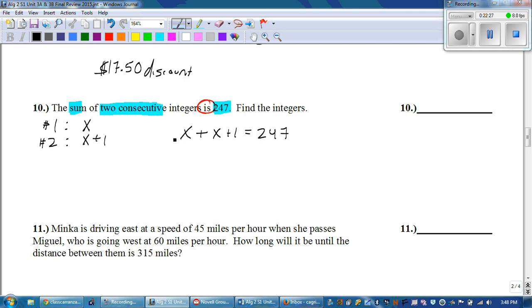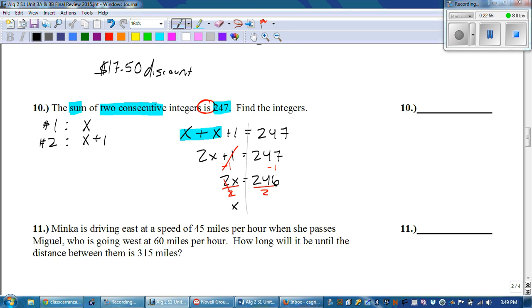Okay, so now we just need to combine our like terms. X plus x is 2x plus 1 equals 247. Okay, and now we're solving for x. I'm going to subtract 1 from both sides. And then to get the x by itself, we're going to divide by 2.